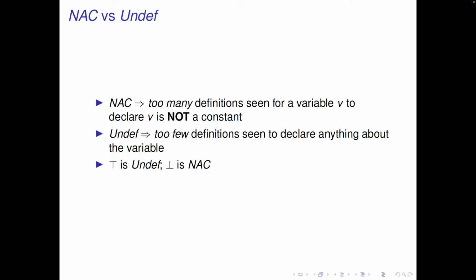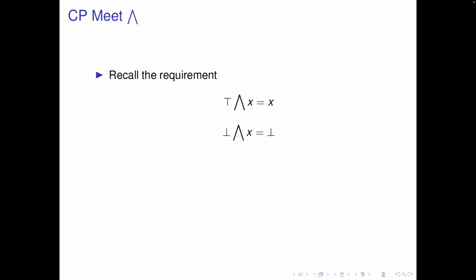In fact, we will solve some simple problems. These are two requirements of our confluence or meet or intersection or union kind of operator: top meet x should be x and bottom meet x should be bottom. So what does it say in this case? If I have declared a variable to be undef on one path and constant on another path, in their confluence I will still continue to maintain that the variable is constant.